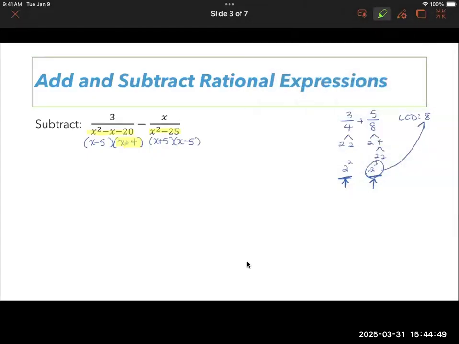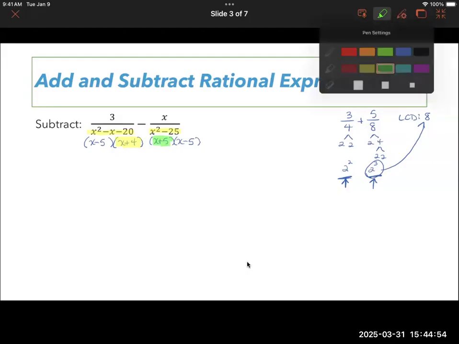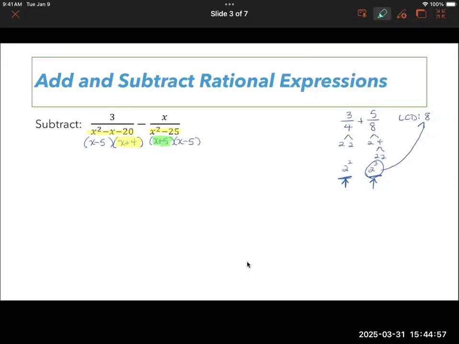We have an x plus 5 that is only in the second denominator. And then we have an x minus 5, which is in both denominators, but it's only being used once in both, so we will just choose one of them. It doesn't matter which one, but only one. So our least common denominator for these two rational expressions is going to be the x plus 4, the x plus 5, and just one x minus 5.